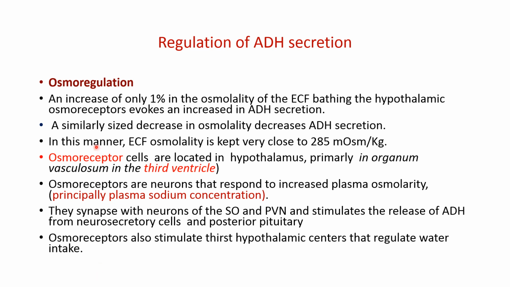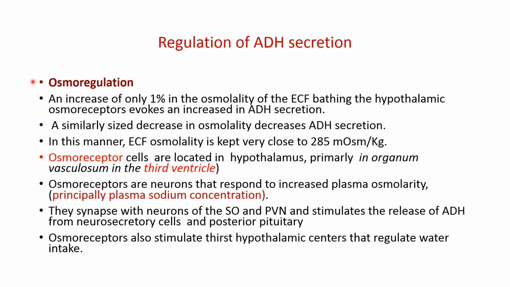Just talking now about how ADH secretion is regulated. Sometimes we need to increase the secretion of ADH. There are certain things that stimulate ADH secretion and things which inhibit ADH secretion, like any other hormone.